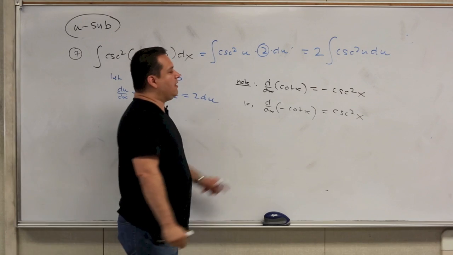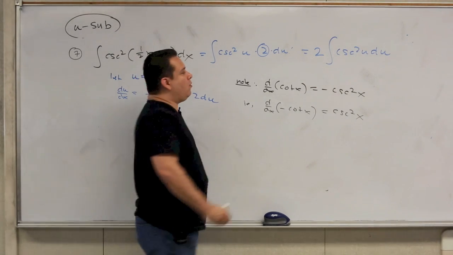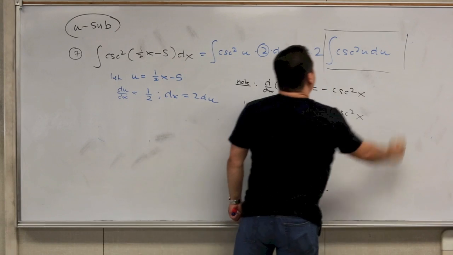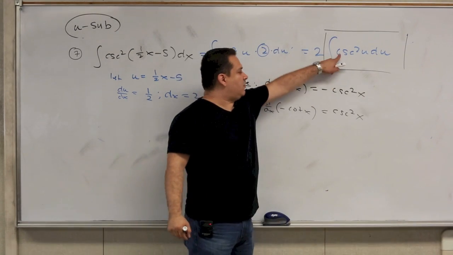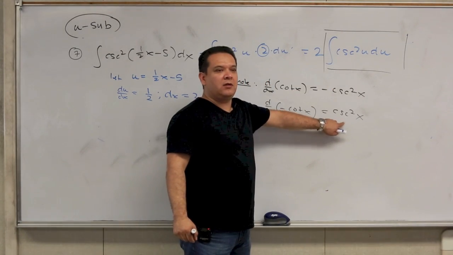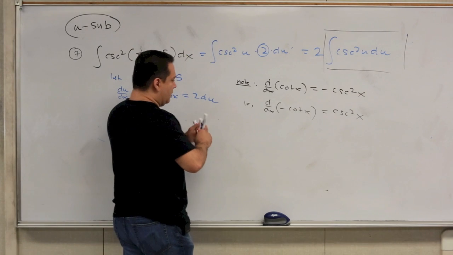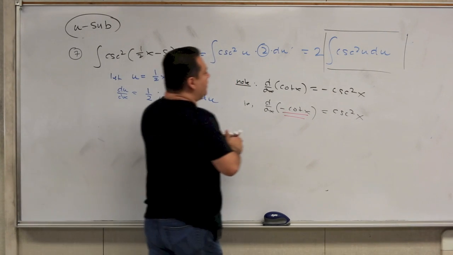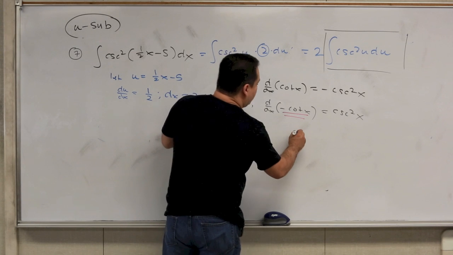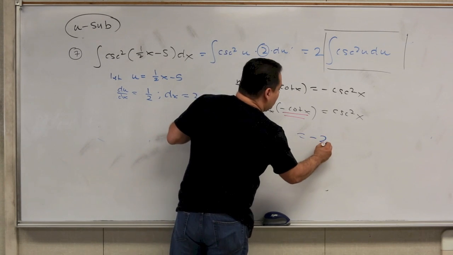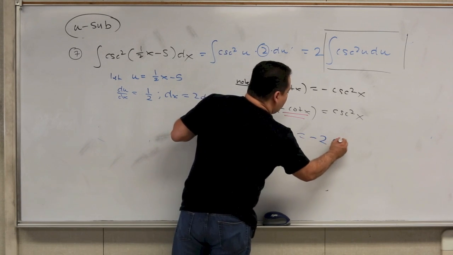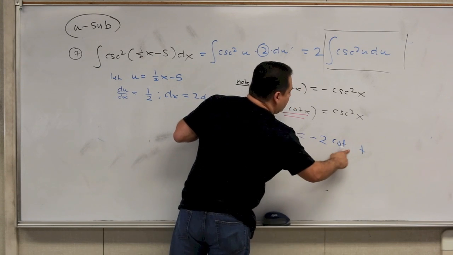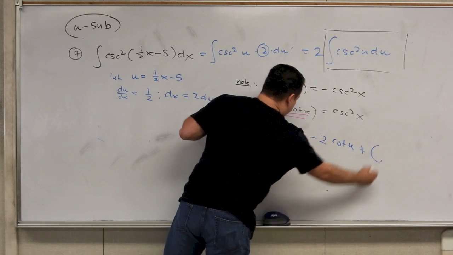So, why am I thinking of this? Do you guys know why you think about that? Because if you want to find the antiderivative of cosecant squared, what is it going to be? This is going to be a negative 2 cotangent u plus your c.